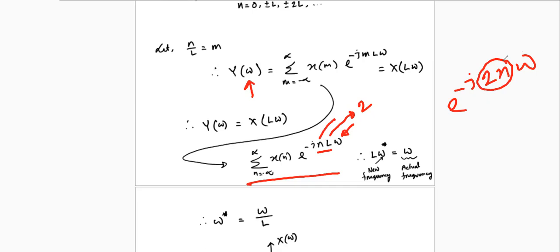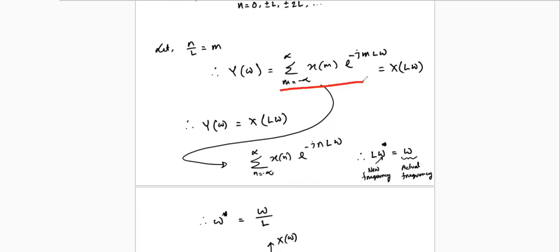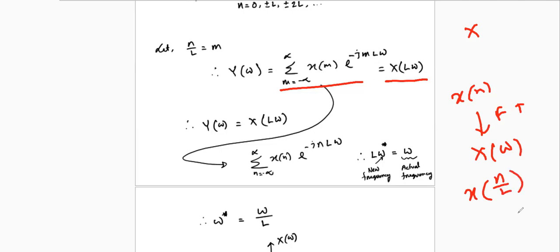So twice n makes the exponential term different. If we consider this equation with our original equation, the spectrum can now be written like this. Previously, if I take our x[n] and do the Fourier transform directly, I will find X(omega). Whenever I put x[n by L] and do the Fourier transform, I will find X(L omega).